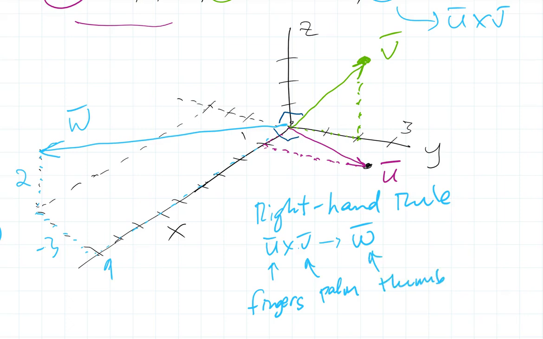It's kind of hard for me to draw this, but if I put my fingers along U and curl them toward V, using my right hand, then W is going to be along my thumb. All right, so that's the cross product for you, and that's how you do it. So we could try the cross product of 2 vectors in 2 space and see what happens there. That'll probably be a little easier problem to look at.